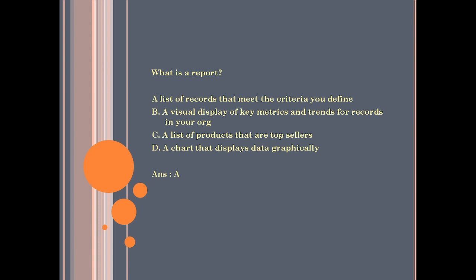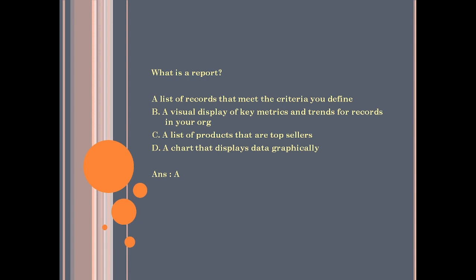The next one: what is a report? A report is a list of records that meet the criteria you define. Option B, a visual display of key metrics and trends for records in your org. Option C, a list of products that are top sellers. Option D, a chart that displays the data graphically.